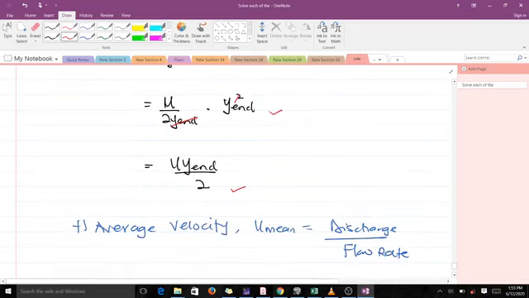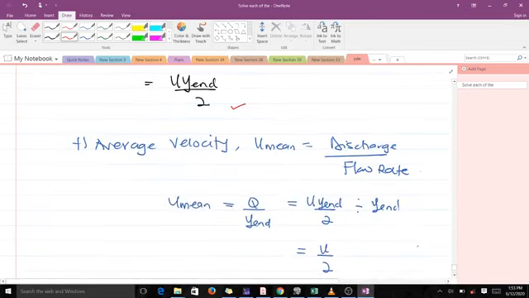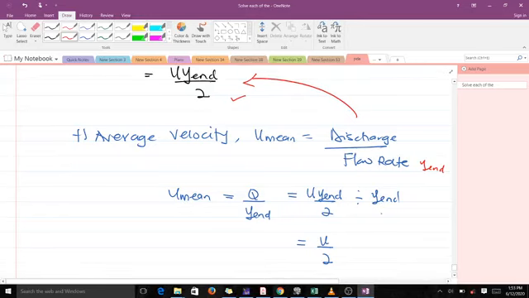Then we can find the average velocity, also known as the u mean. That is given by the discharge over the flow area. Note that the flow area is always given by y_n, and the discharge is what we just computed. That means our u mean will be equal to U y_n over 2 divided by y_n, which is the same as U y_n over 2 y_n.